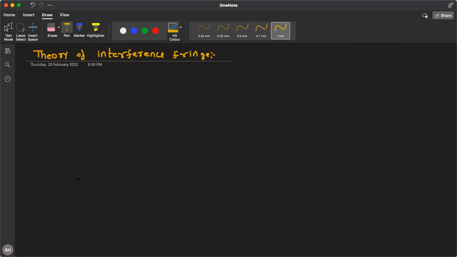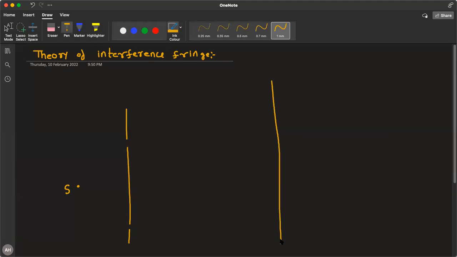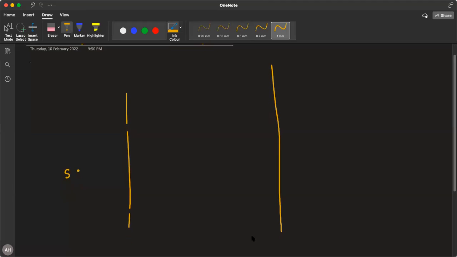So again, we are supposed to draw Young's double slit experiment. This is the source slit, a single slit. Then we put a double slit in front of it. This is the screen. Now we will take the separation.